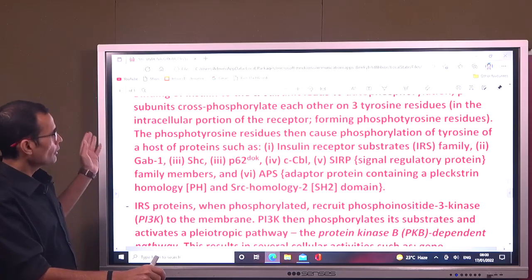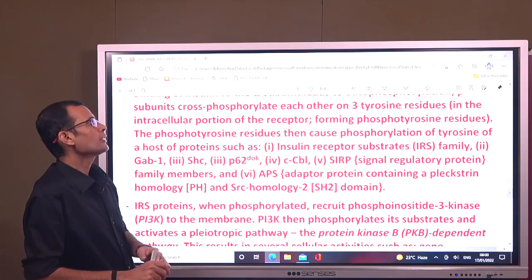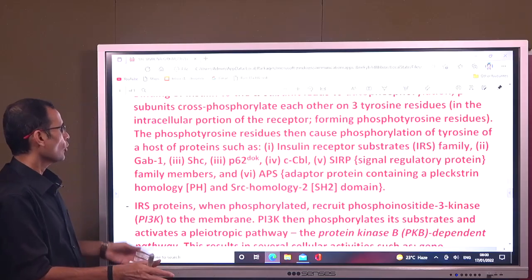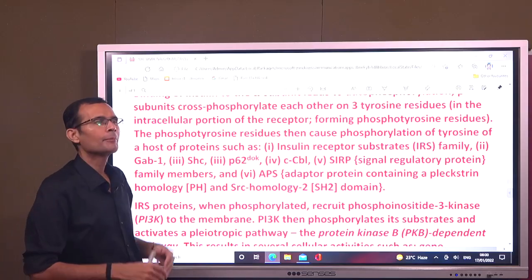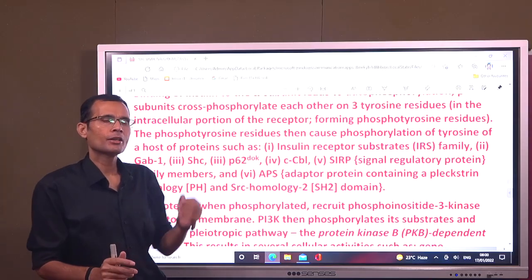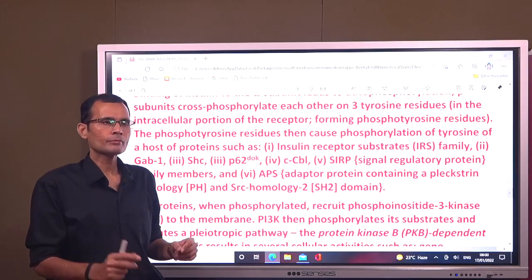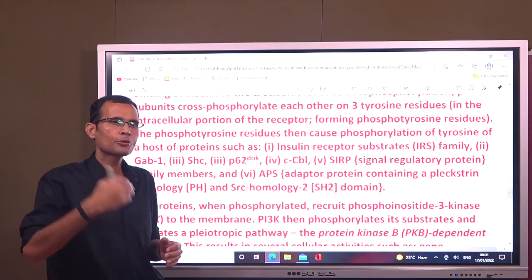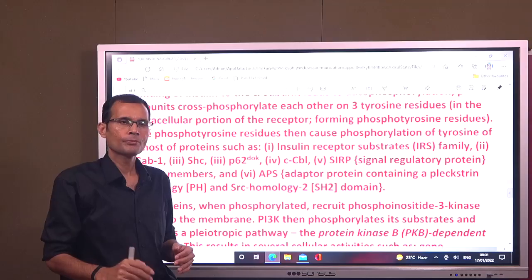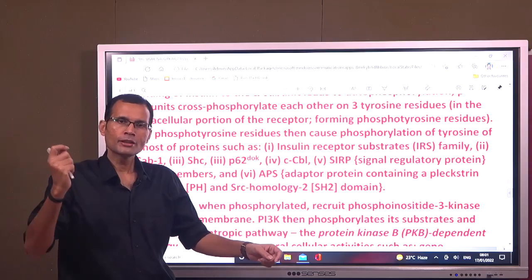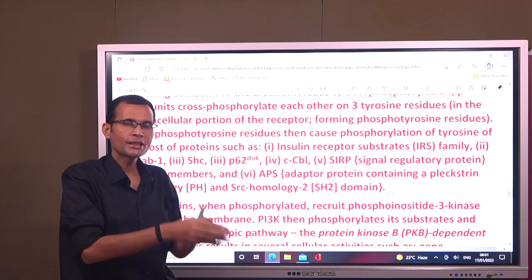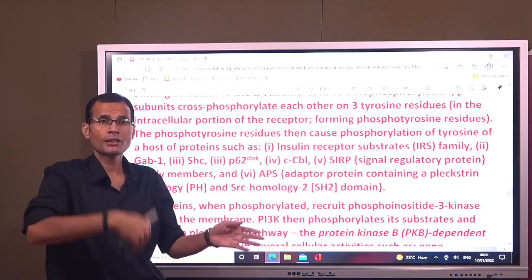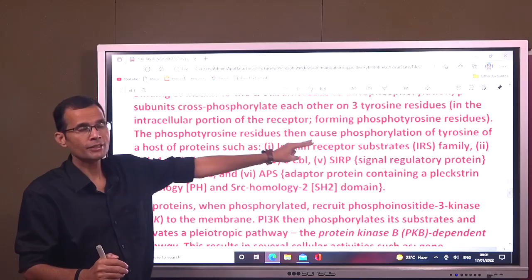phosphotyrosine residues then cause phosphorylation of tyrosine of a host of proteins. I mean, inside the target cell, there are a number of proteins, and those proteins have tyrosine residues. Now, insulin has come and it binds with the alpha subunit, and then the beta subunit does the following things.